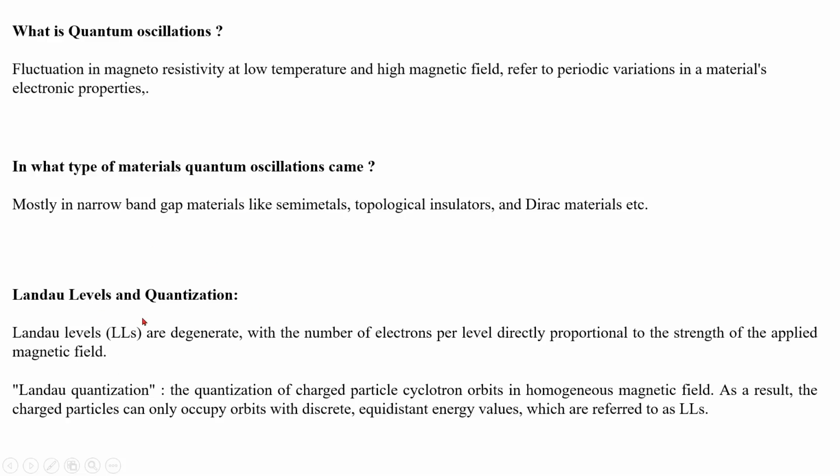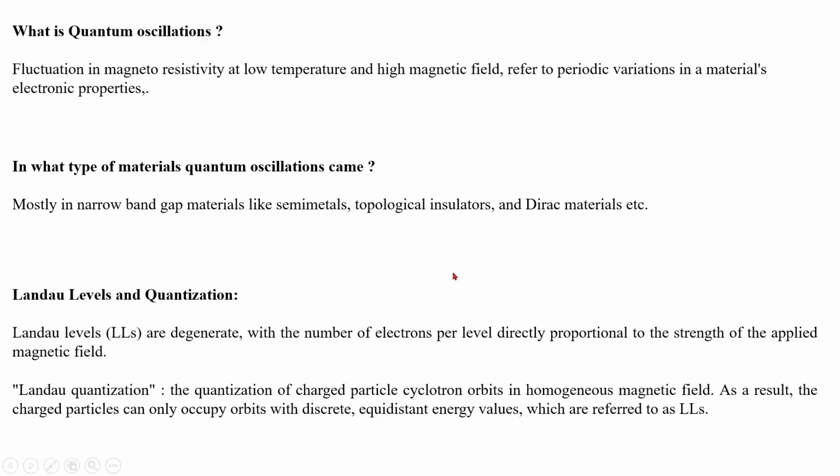How do the Landau levels and quantization form? Because these are very narrow bandgap materials, across the Fermi energy they cross the density of states, and at a particular level there are energy levels.